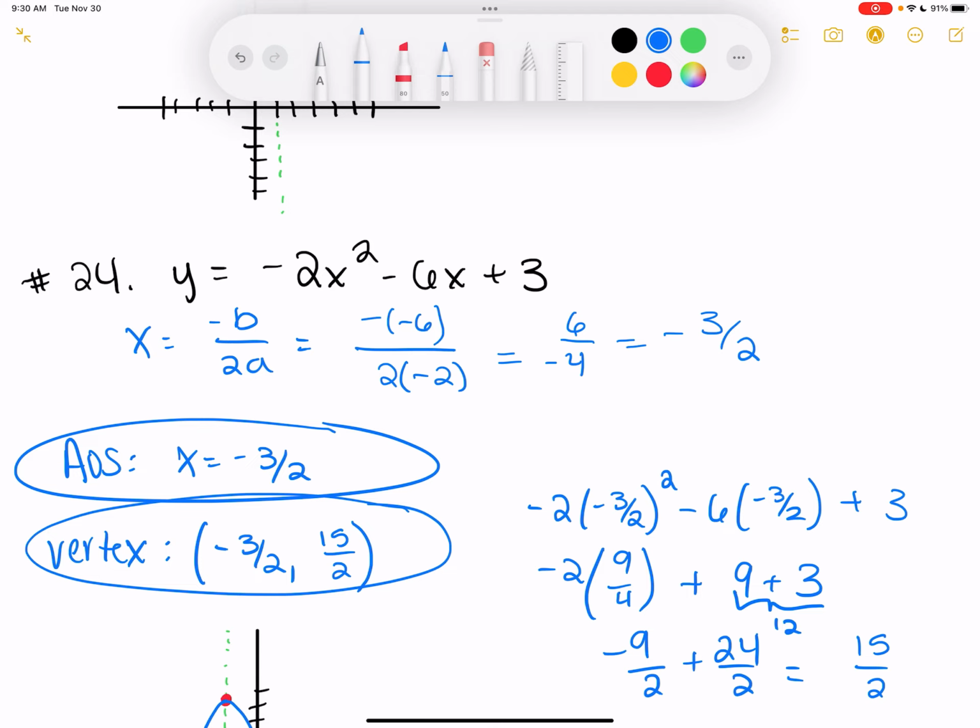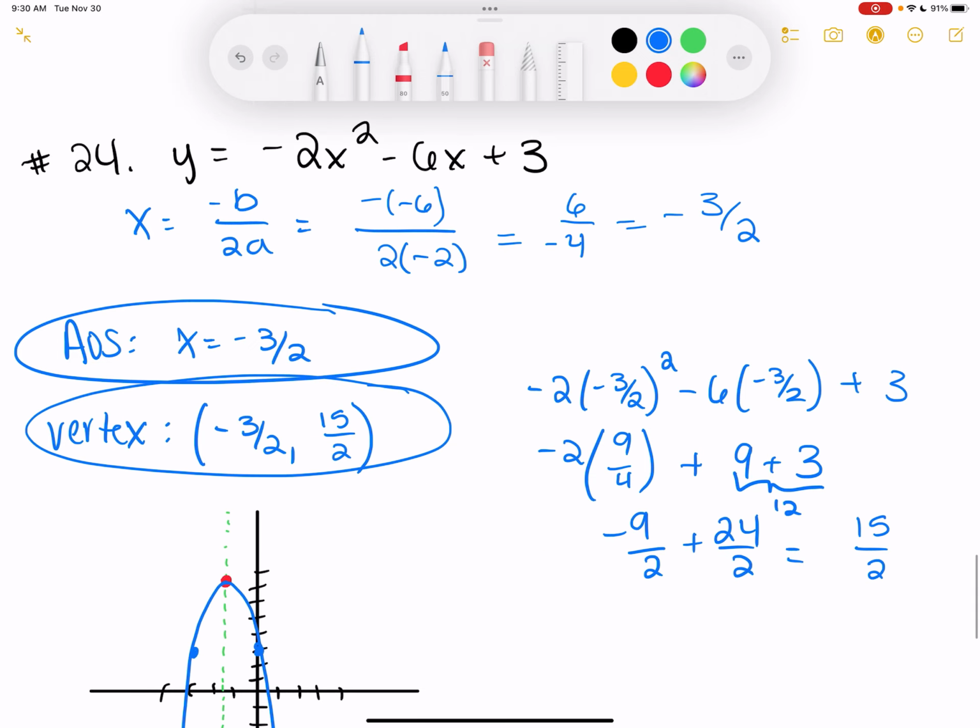No, I'm talking about the plot, on the graph. 15 over 2 is a little bigger than 7. Are you talking about plotting the axis of symmetry or doing the vertex? You just convert it to a decimal if it's easier. This is just 7.5 and negative 1.5.